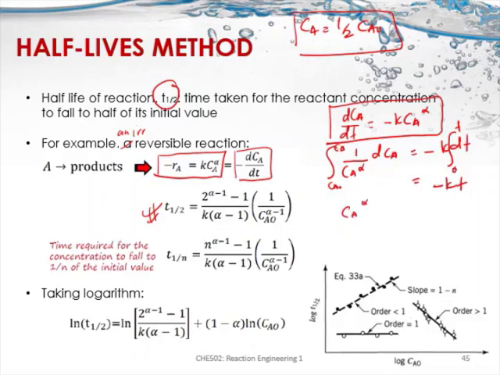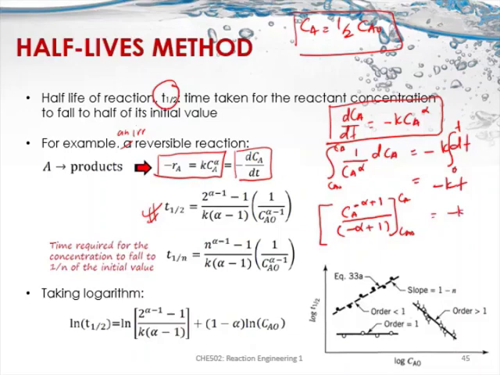Once you integrate it, it will be Ca to the negative alpha plus 1, divided by the same exponent, from Ca naught.